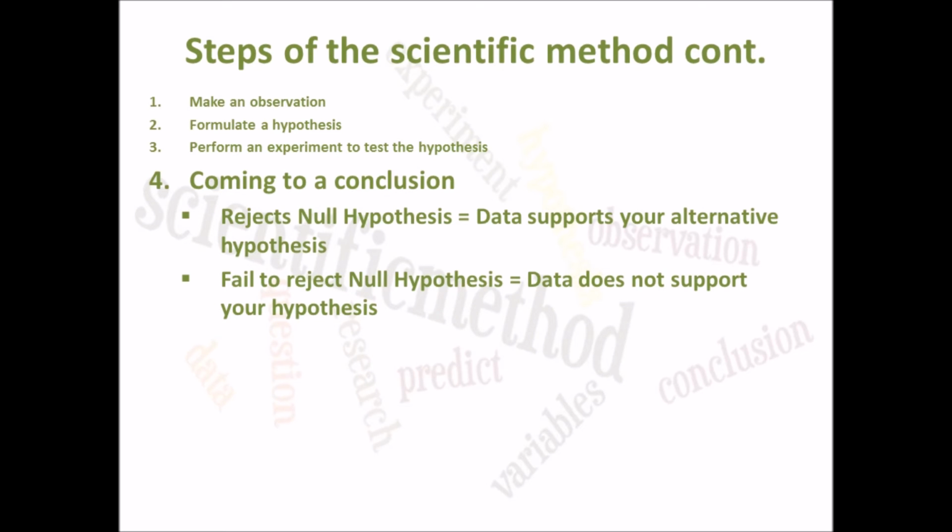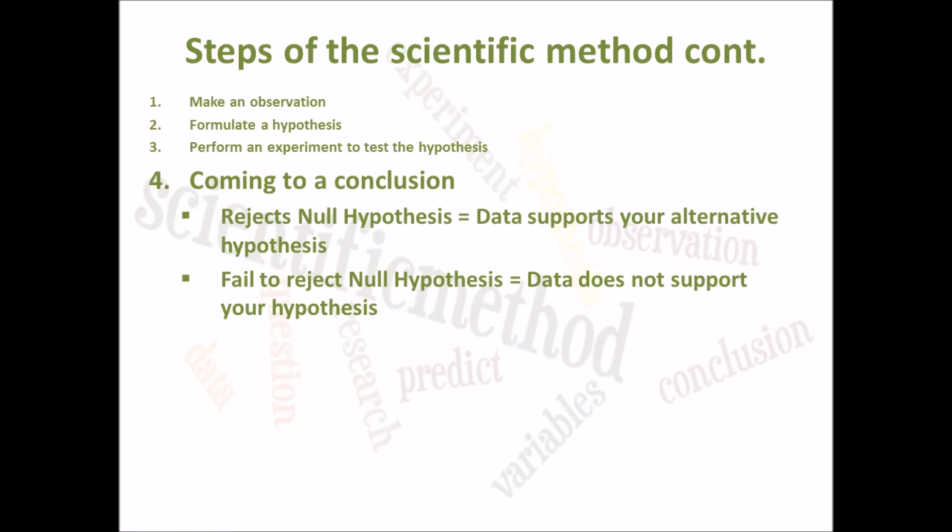Meaning when you change the independent variable, the dependent variable either does not change or it does not change in a pattern with the independent variable. So if you reject your null hypothesis, your data ends up supporting your alternative hypothesis. If you fail to reject your null hypothesis, your data does not support your alternative hypothesis.